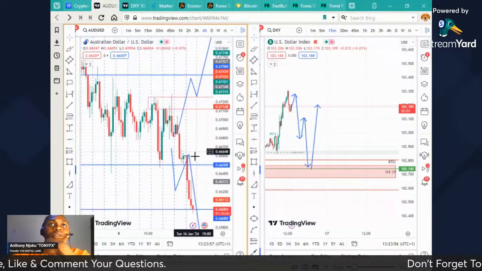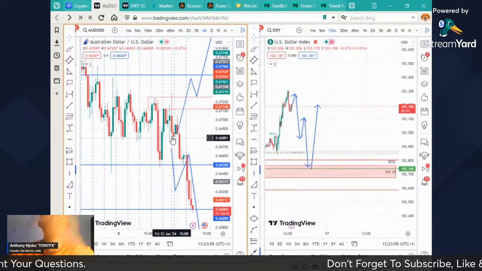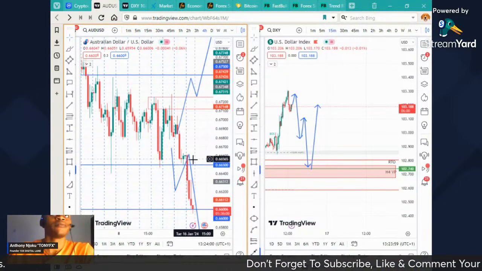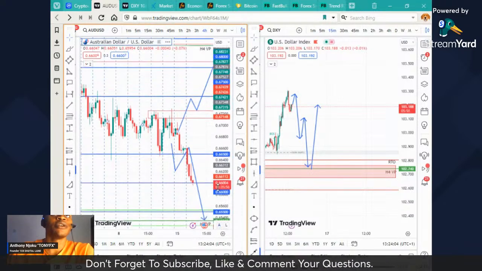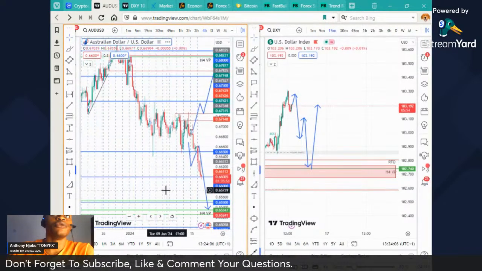Okay, so for AUDUSD, I told you guys a break below here, we'll see a correction, and then the market will continue dropping.